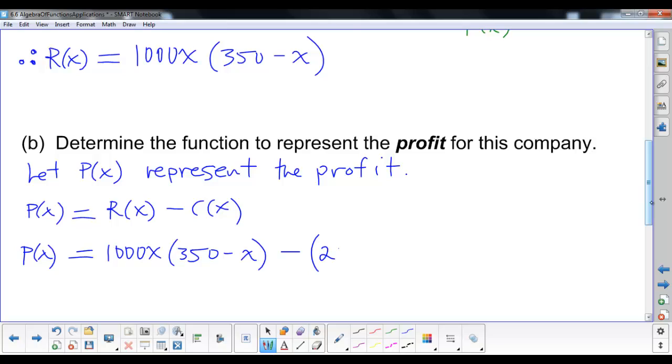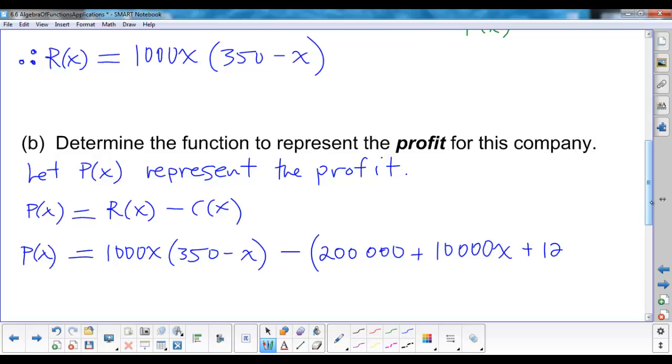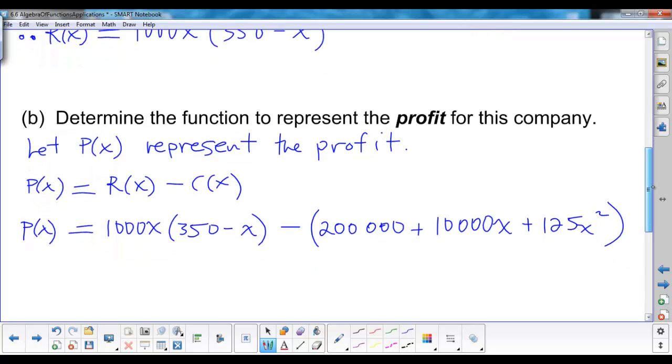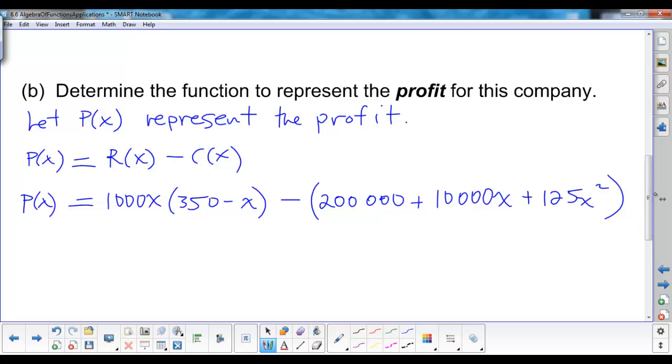So picture 200,000 was the first term in that function, plus the 10,000 X, and then plus the 125 X squared, right? So if I put everything in the brackets, I don't have to worry about messing up any of my signs here. I am going to drop the brackets here momentarily though, and then my signs will switch as a result.